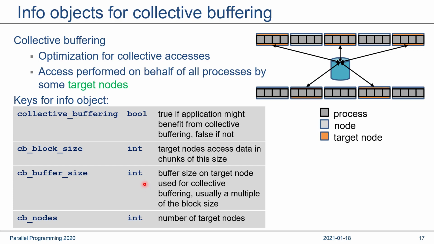Usually it's a multiple of the block size. And CB nodes is the number of target nodes. Using these key value pairs, the implementation can try to optimize I/O and make sure that only a limited number of specified target nodes actually do I/O, relieving the burden on the I/O subsystem.